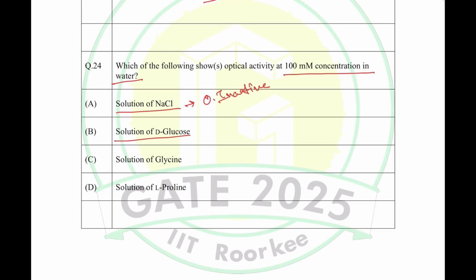In a solution of D-glucose, D-glucose is a chiral molecule and exists as enantiomers also. So in solution, it can rotate plane polarized light. So it is optically active.